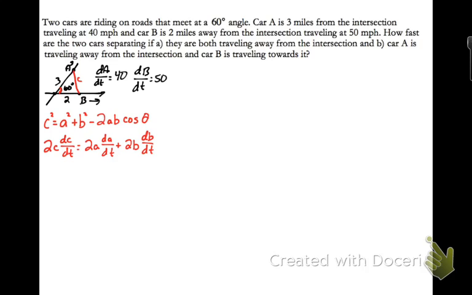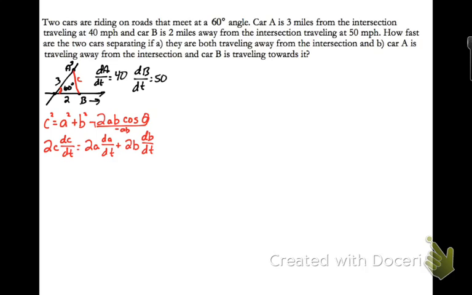Since theta is 60 degrees, one of the things that I should recognize is that the cosine of 60 is 1/2, and so this portion of our formula, since the cosine of 60 is 1/2, will just be minus AB.